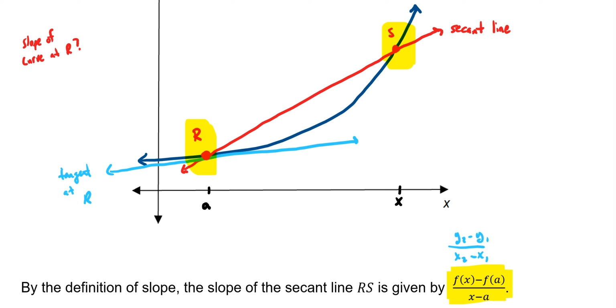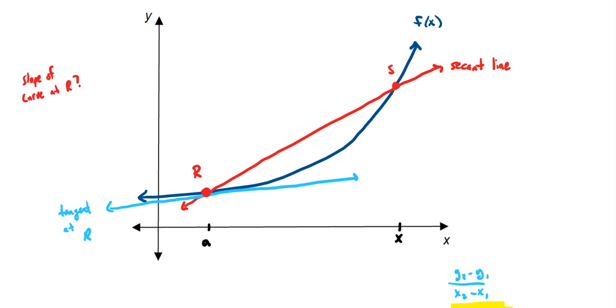It's going to be any x value, and it's going to be getting closer and closer to point A. So the idea, before I show a little video, is that as this point gets closer and closer to point R, or think of it as x gets closer and closer to A, the slope of the secant line is going to get closer and closer to the slope of the tangent line at point R.